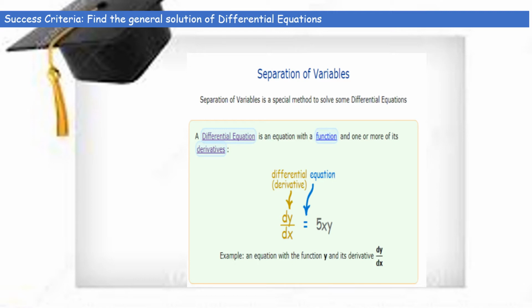After that, solve for y. It means solve for the main variable that depends on the other variable. Let's try to understand this concept with the help of some questions.